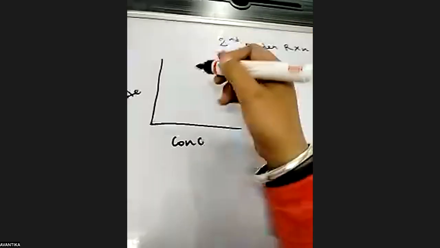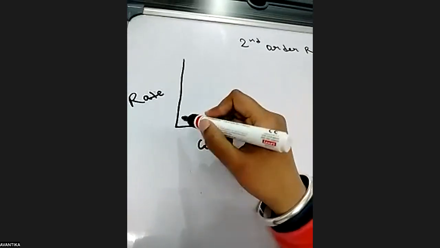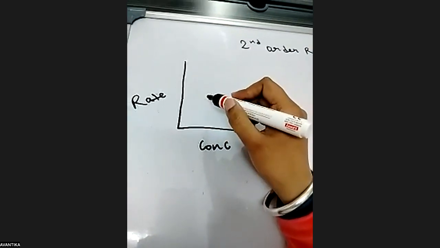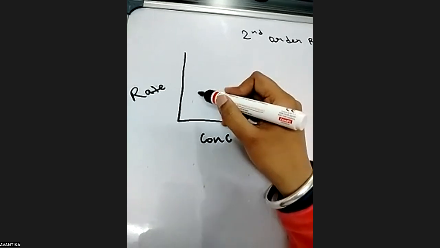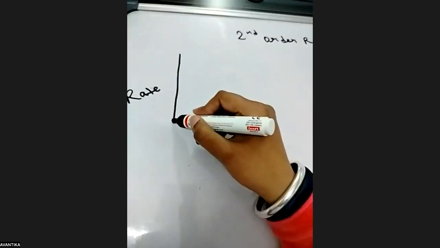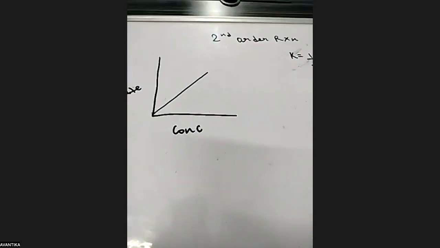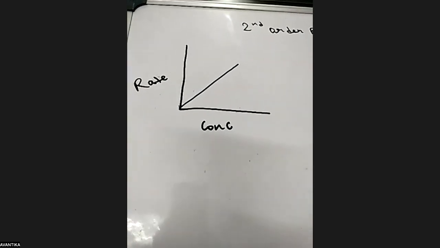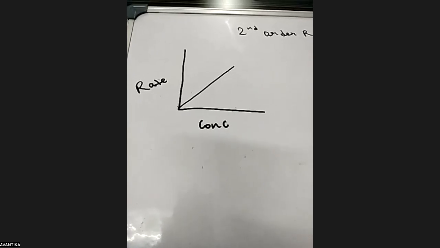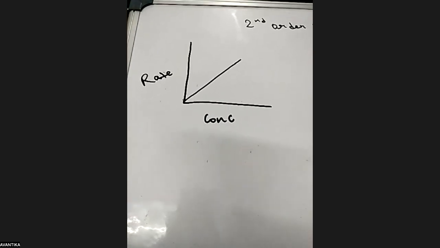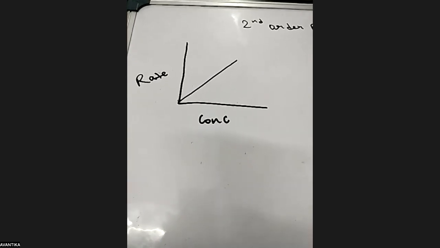So here the graph between rate and concentration is a linearly increasing graph, like the first order reaction.